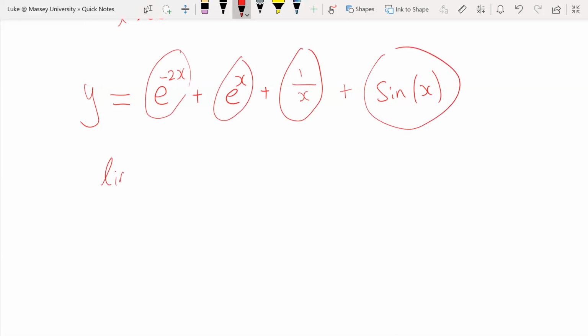So the limit of e to the negative 2x as x goes to infinity. Well, as x goes to infinity, we get the exponential of negative 2 times something that's going to infinity, so we get basically e to the negative infinity, which is 0. So this is a transient term.